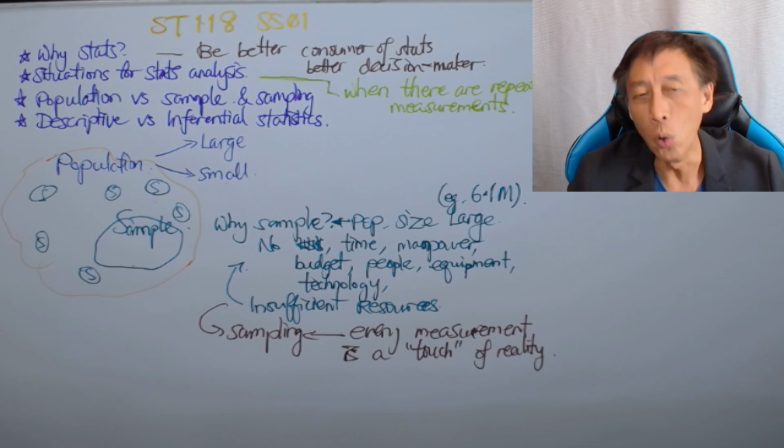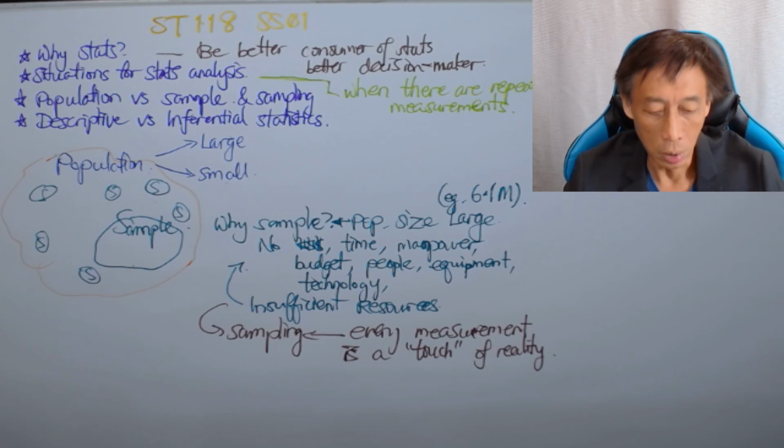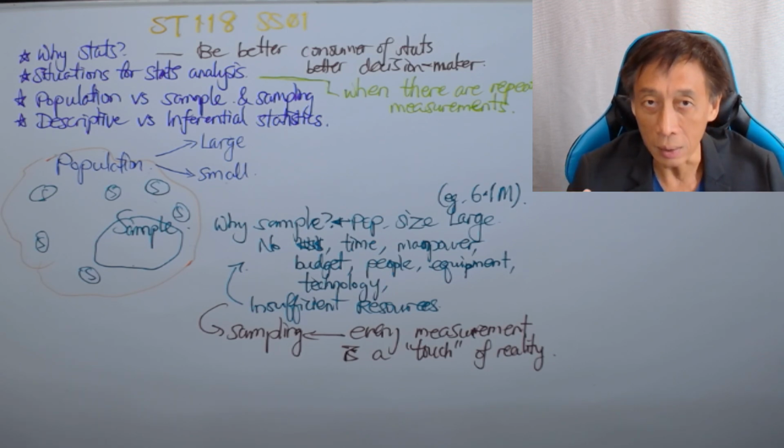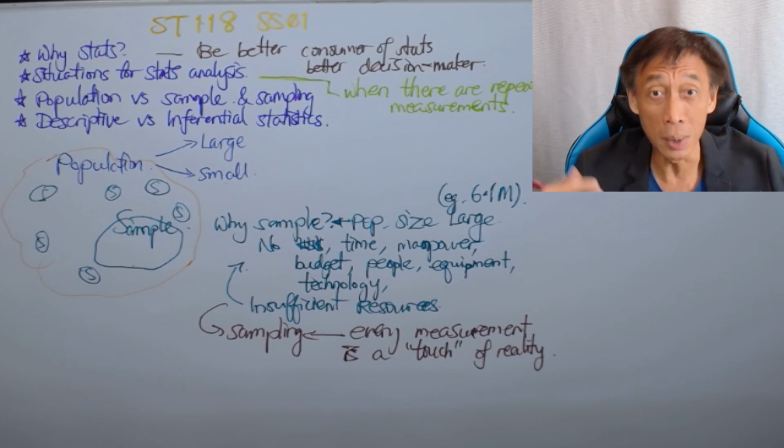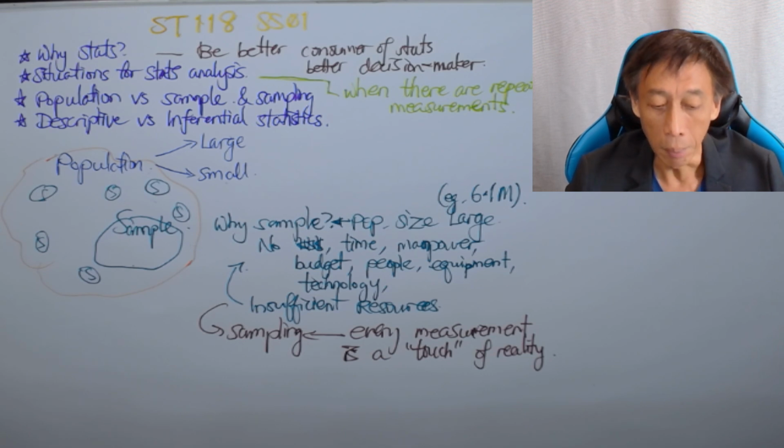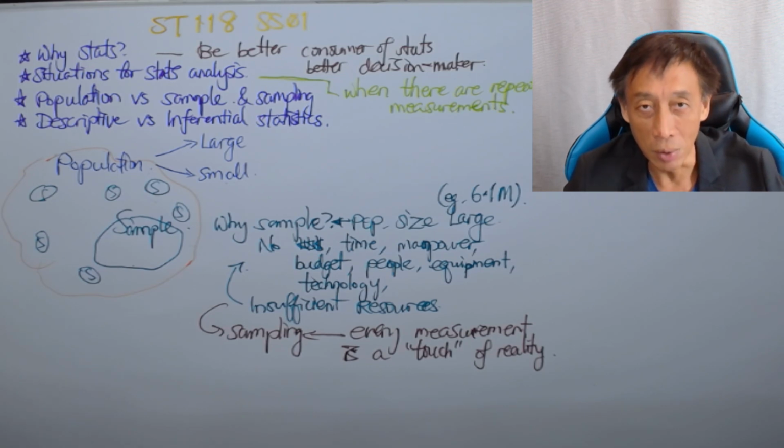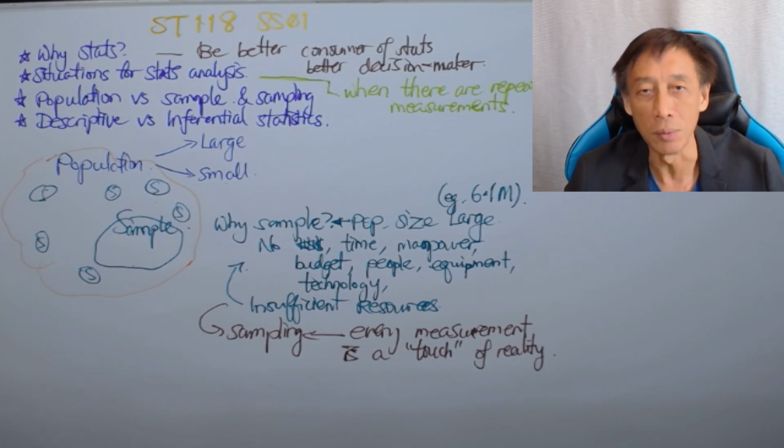No, sometimes I add in, sometimes I don't. Once you have done that, you simply add up all the numbers and divide by 6.1 million, then you're done. That's the literal way of following the formula. But we don't have the time, energy, effort, manpower, resources, budget, physical equipment, technology to touch the reality 6.1 million times.